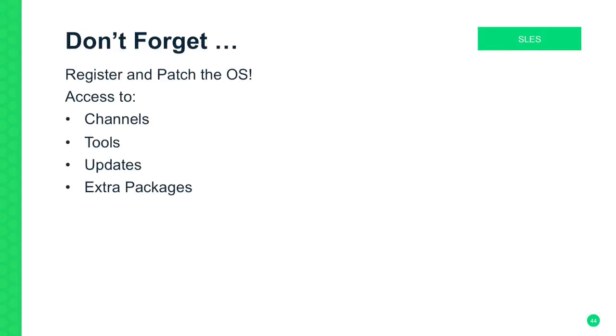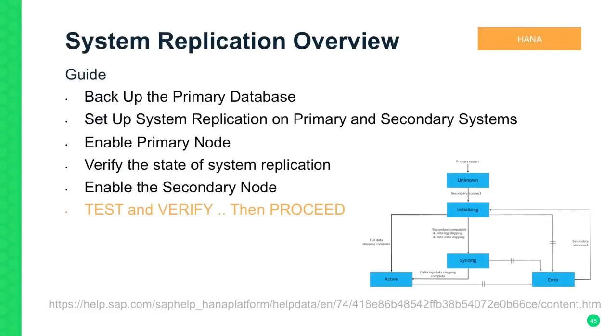Deploying system replication is a very well documented process, so we won't go through it in its entirety. But the important thing is this. I went out to a customer about a year ago, and they said, "Your HA stuff isn't working. When we try and fail over, it just hangs." We looked in the logs, and we could see that we were running all the right commands, and it was indeed hanging.